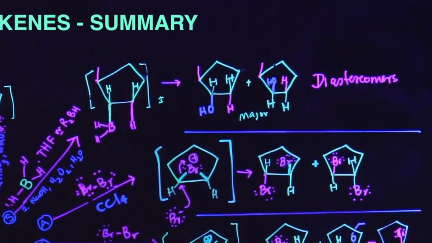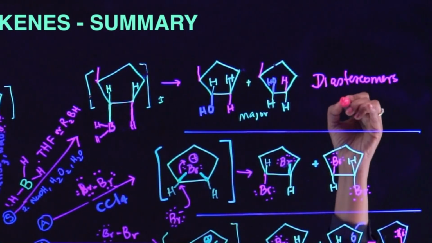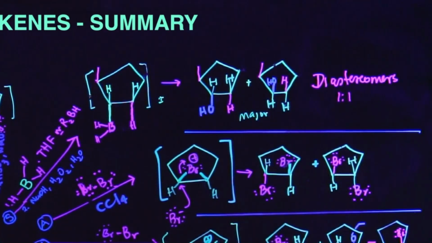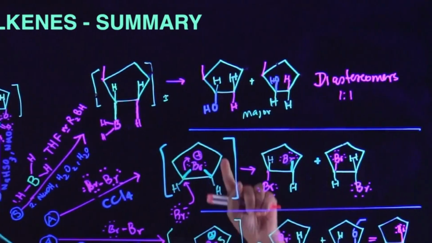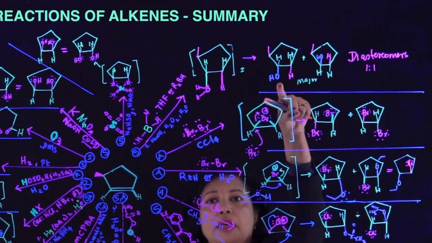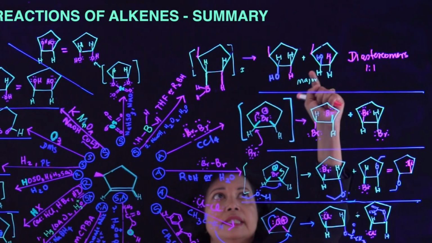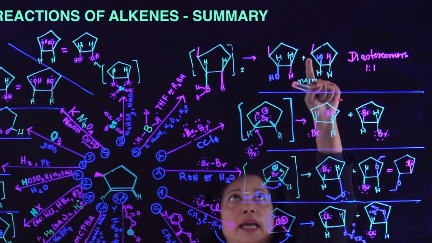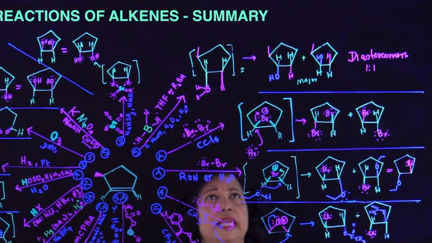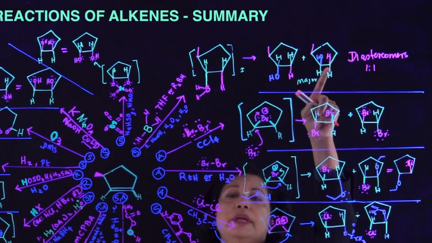And the diastereomers would be in a 1-to-1 ratio. Now, we don't call this a racemate because the properties of this, like the boiling point, melting point, density, and so on, would be different for this compared to this. And even the optical rotation, we cannot predict.